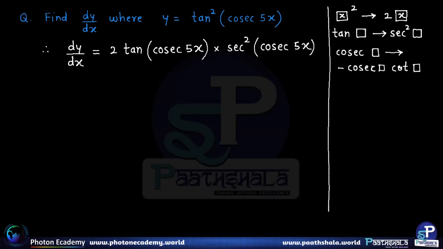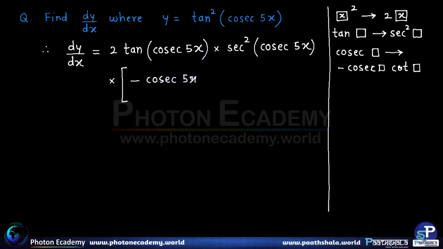So here also we keep multiplying by the derivative of cosec 5x, which will be equal to minus cosec 5x into cot 5x. And when we drop cosec we are left with 5x.